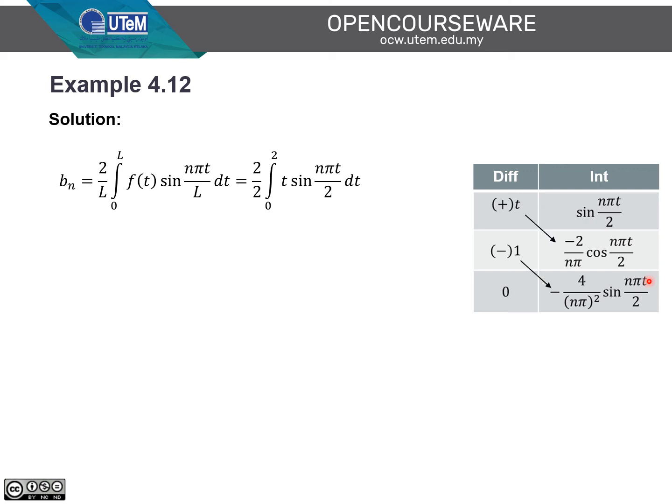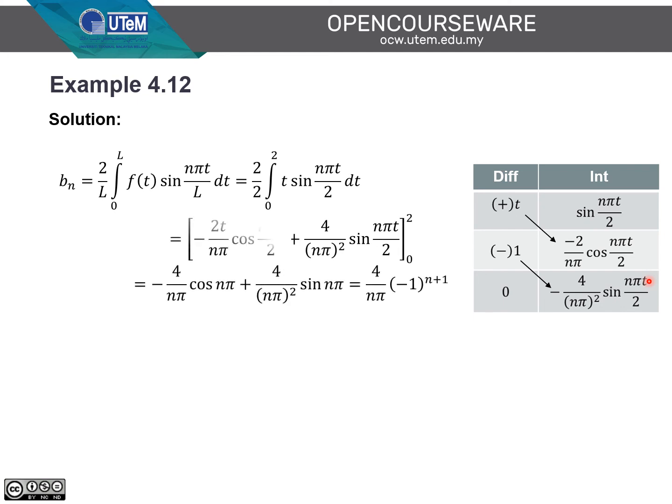Cross multiplication of the tabular method, we obtain the solution of the integration is minus 2t on n pi cos(n pi t on 2) plus 4 over n pi squared sin(n pi t on 2), with the limit from t equals 0 to t equals 2.